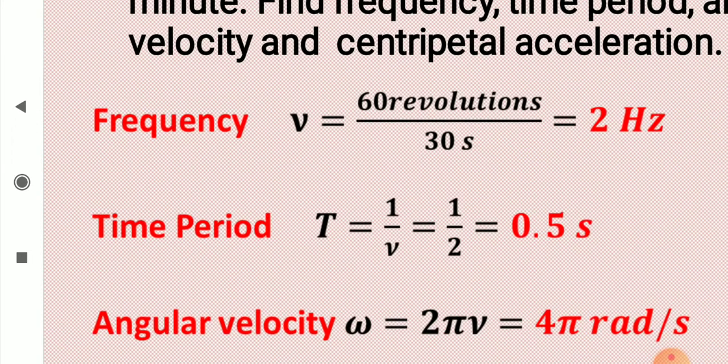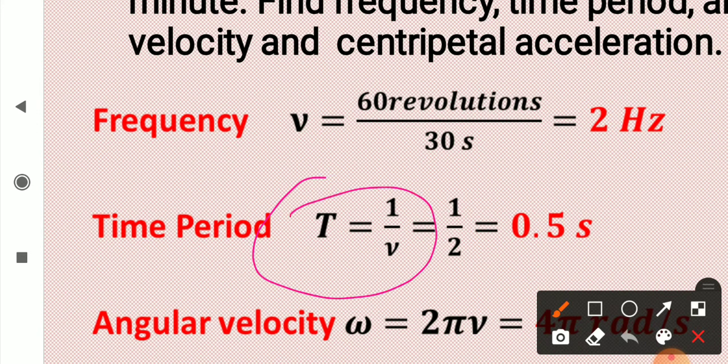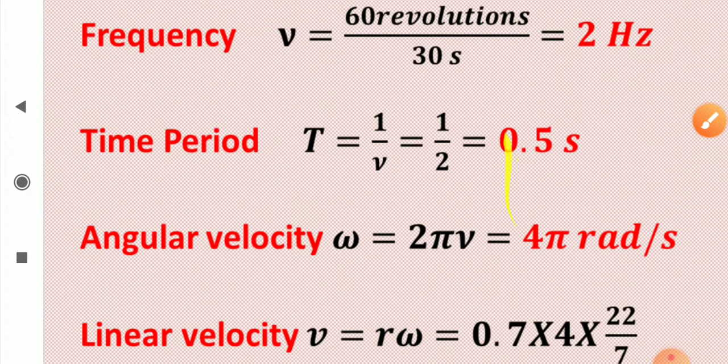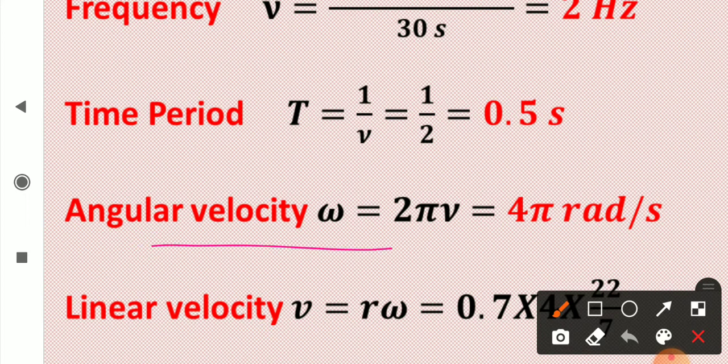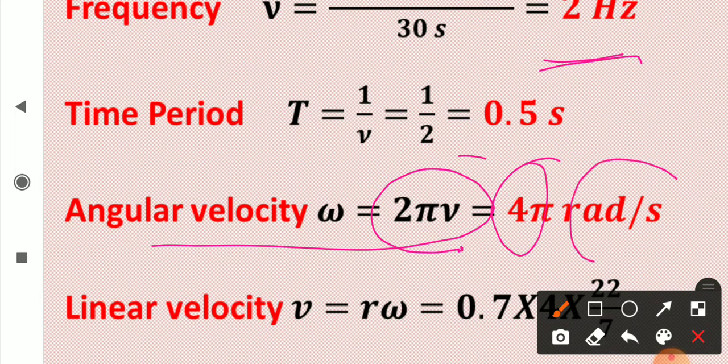Time period is reciprocal of frequency, 1/2, that is 0.5 second. Angular velocity is 2 pi nu. So nu is 2 hertz, multiply कर दीजिए, you get 4 pi radian per second. Remember, units are important. You have to write units.